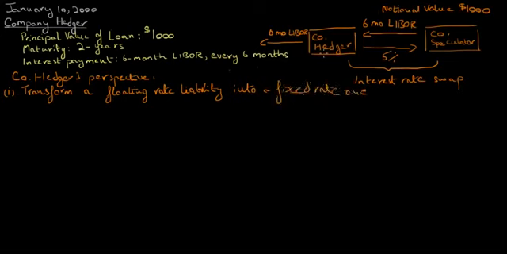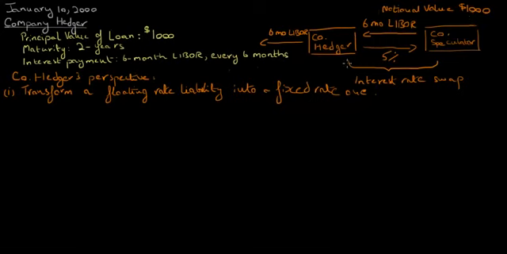So essentially, company hedger had a variable rate debt on which it was paying interest equal to 6-month LIBOR every 6 months. It entered into a swap where it began to receive 6-month LIBOR every 6 months. So the receipt and payment of 6-month LIBOR offset each other, and the only payment that company hedger is left with is the 5% fixed rate payment to company speculator every 6 months on a notional value of $1,000.